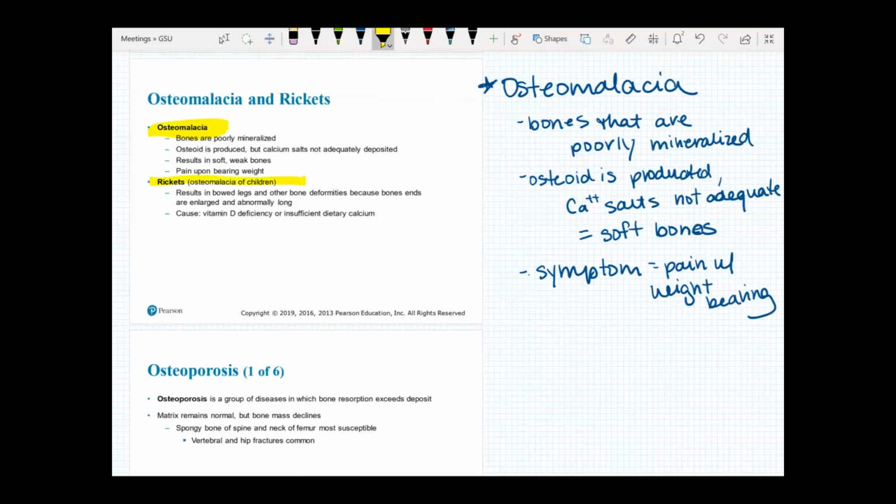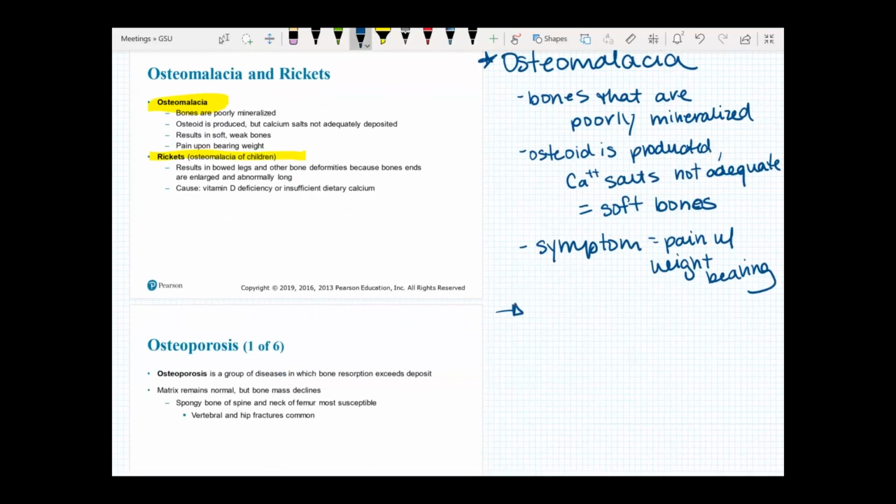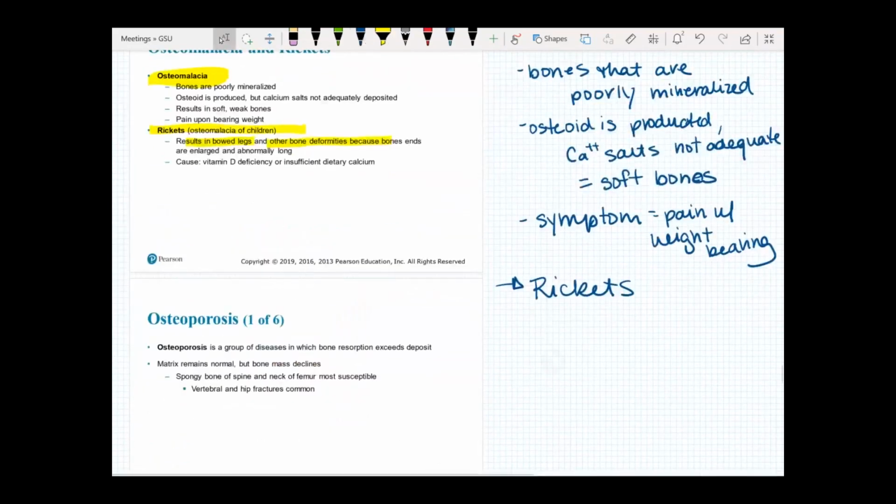But for rickets, which is osteomalacia in children, the same process applies, except since it's specifically in children, this is going to affect growth a little bit. So what you'll actually see is bone deformities and bowed legs. I don't know if there's a picture. There is not. So if I had a sweet little kiddo who should have hips that look like this, what you'll actually get with these soft bones is bones that look like this.